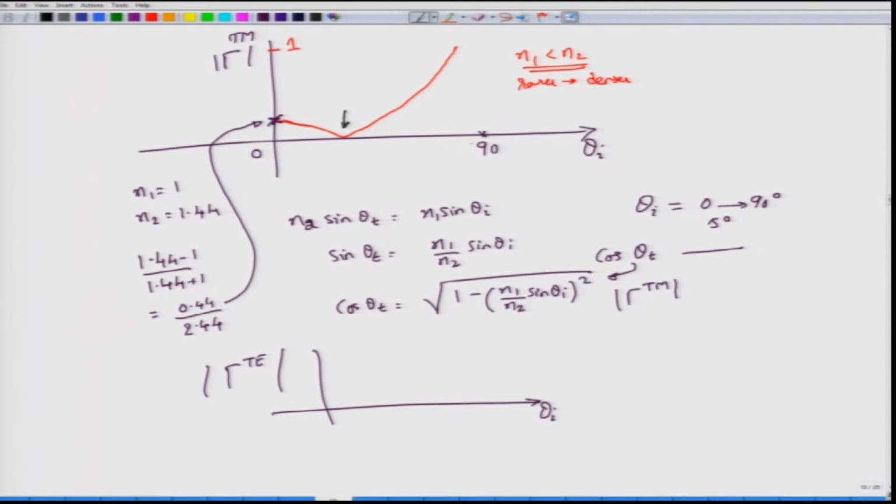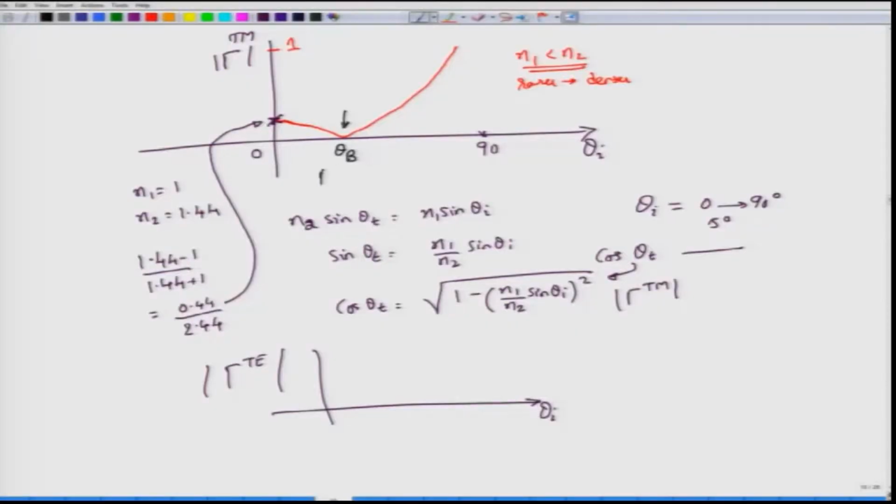At some angle between 0 to 90 degrees, which we call theta b, the reflection coefficient actually becomes equal to 0. So, there is completely no reflected light. When you have an incident light which is purely TM polarized, the reflected light will not be present at all if you incident this transverse magnetic, TM polarized light exactly at the angle theta b.